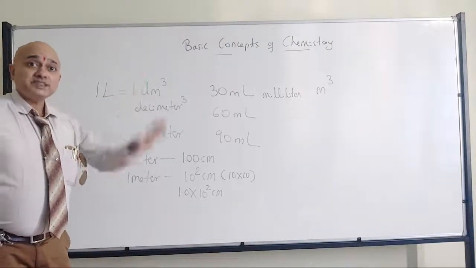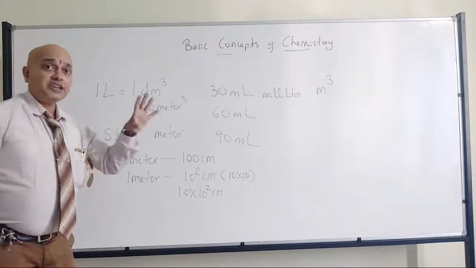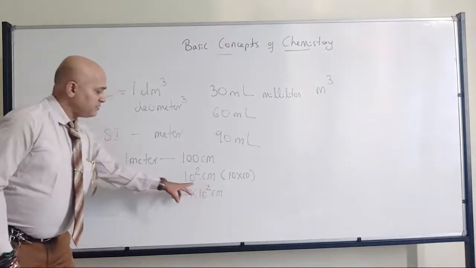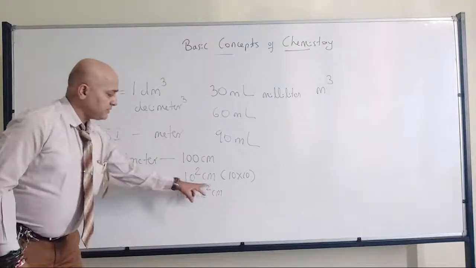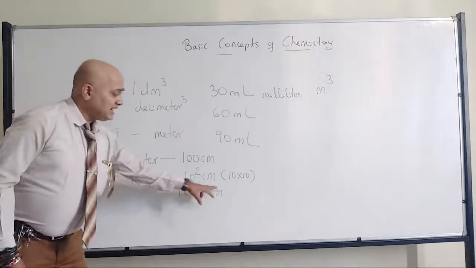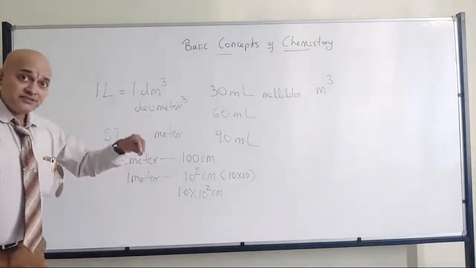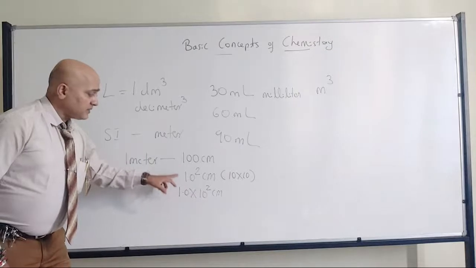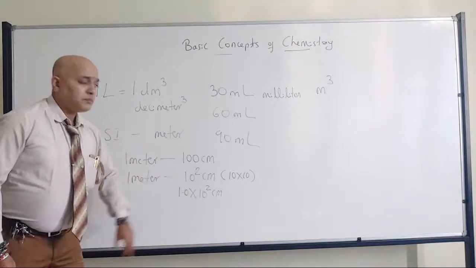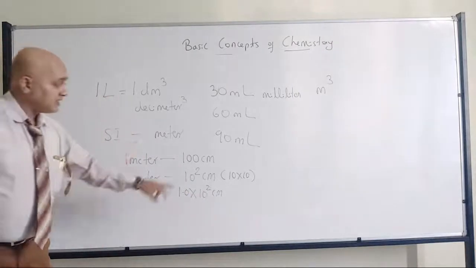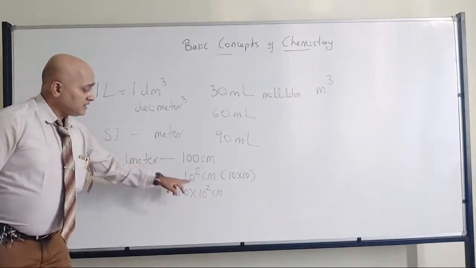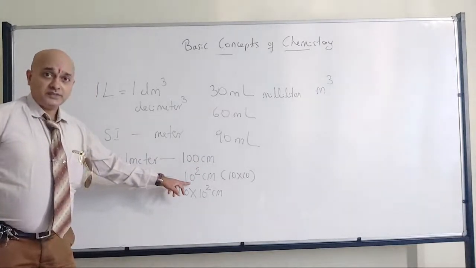To be more accurate, I have mentioned it in scientific notation, where I am specifying 1 multiplied by 10 to the power of 2. The first is a general form; this is a very accurate one.